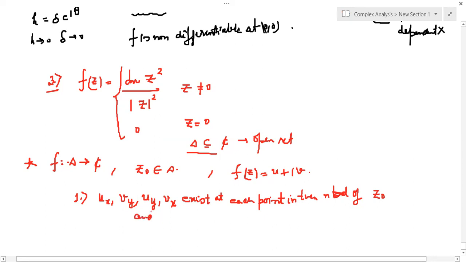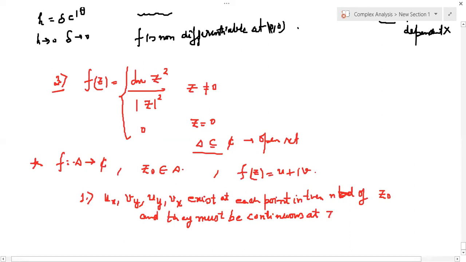and they must be continuous at z0. Okay.